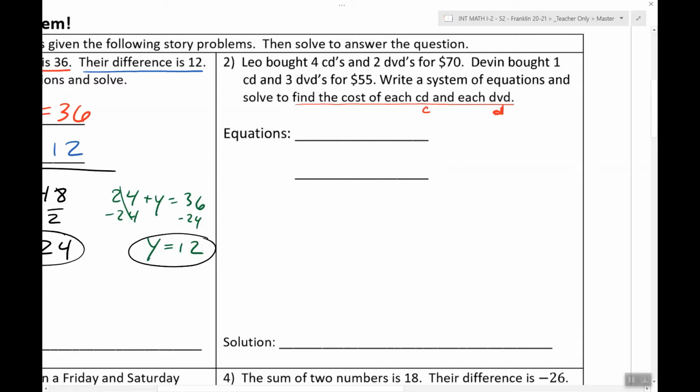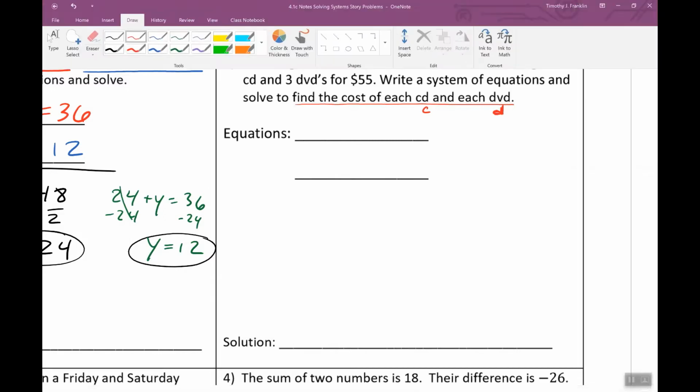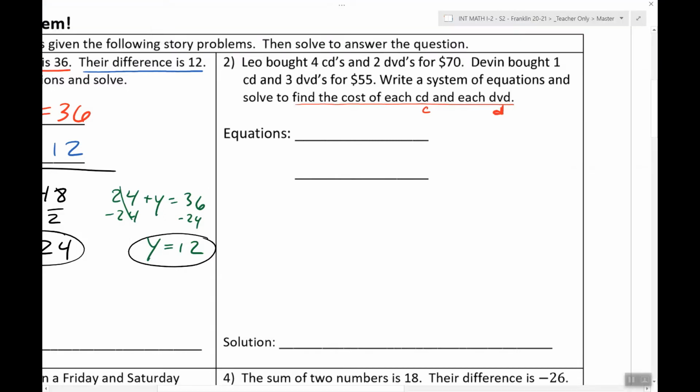Now for the equations, we'll have to write two, one for Leo and one for Devin. So it says Leo bought 4 CDs and 2 DVDs for $70. So we know he bought 4 CDs, so that's 4C, because that's our variable for the cost of a CD, plus he bought 2 DVDs, so 2D, and his total was 70, so equals 70.